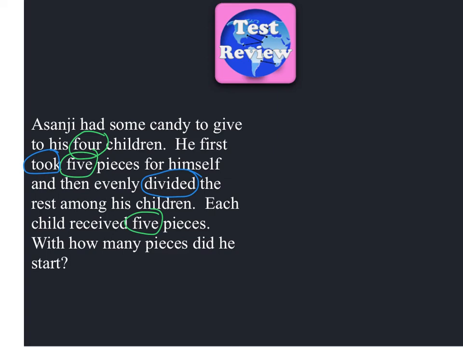So again, you're going to have to define the variable, which again is P, and you don't have to use P, but I'll use P, and that P stands for pieces he started with. And again, let's read this problem. He first, before he divided it amongst his children, took the total amount of candy he had, and he took 5 pieces.